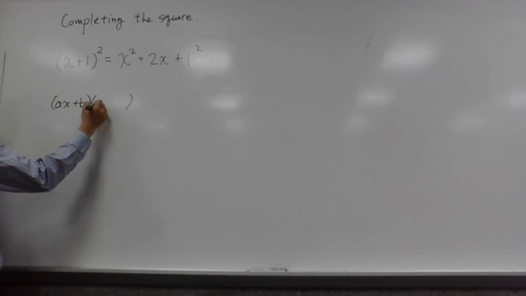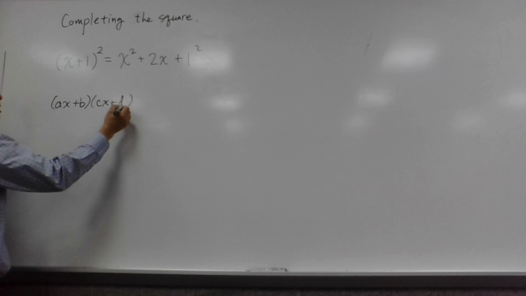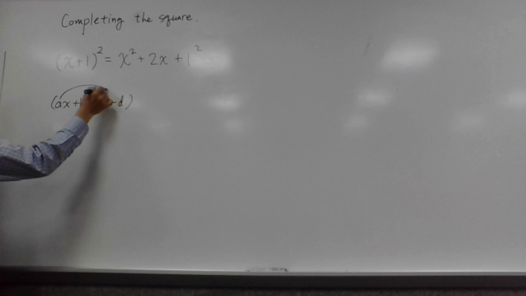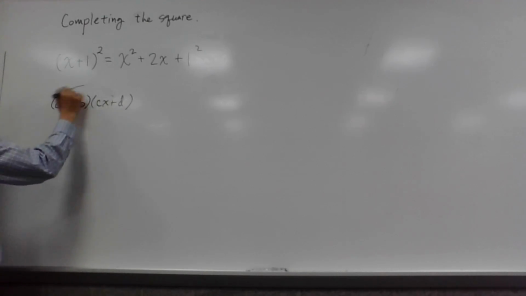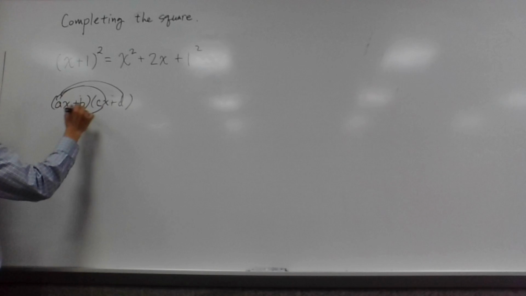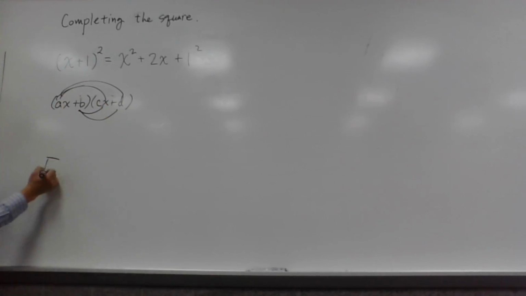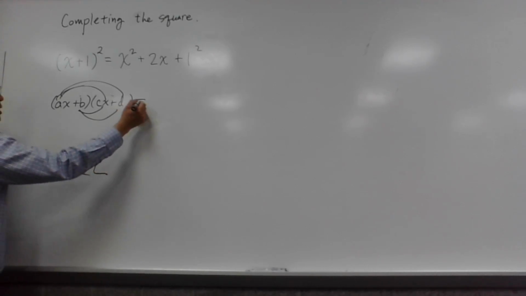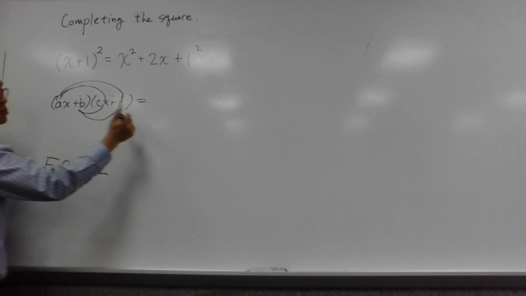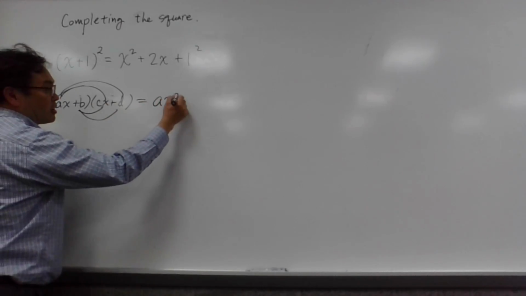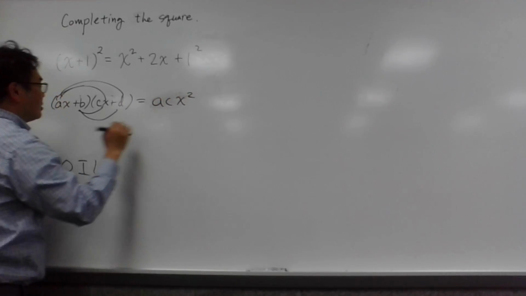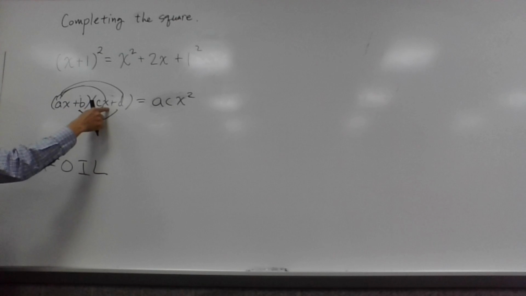Last time I showed you that if you FOIL this out, you know what FOIL is, right? First, outer, inner, last. AX times CX gives you ACX squared.